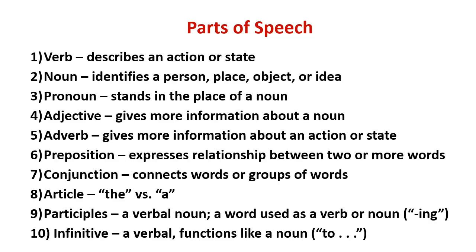Before we go into nouns and explain the case system, it's very important that we just take a moment to review the different parts of speech, in English or in Greek for that matter. And at the top you'll see verbs. Verbs, of course, describe an action or state. They are put number 1 because they are the most important part of the sentence.